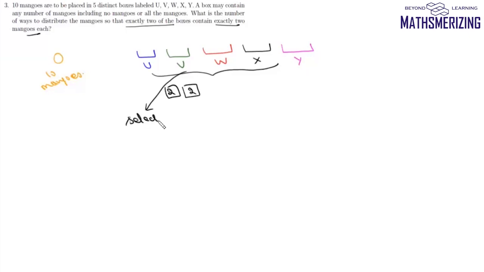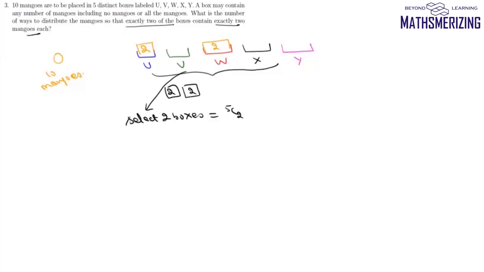So first we'll select 2 boxes. Now 2 boxes out of 5 can be done in simply 5C2 ways. So now we have 2 boxes and in these 2 boxes we have 2 mangoes each. So suppose the chosen boxes are U and W. So U now has 2 mangoes and W also has 2 mangoes.